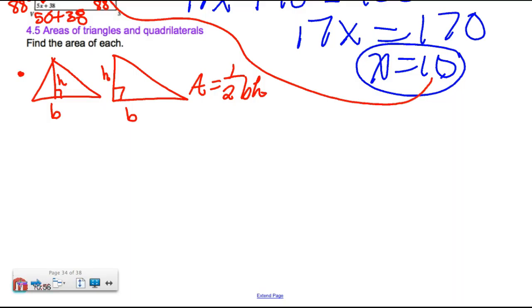Really, the reason why is, you don't need to put this in your notes, but a rectangle's area is base times height, and the triangle takes up half of it.